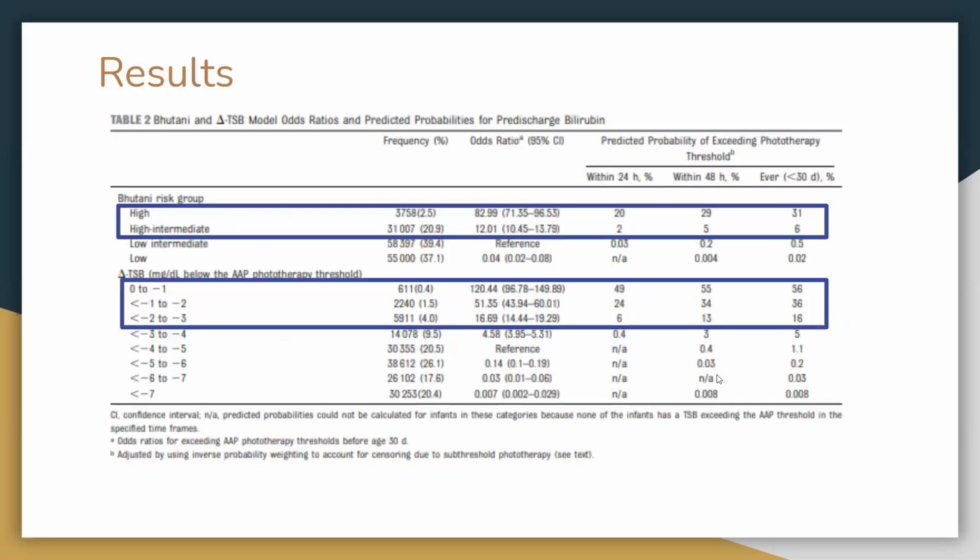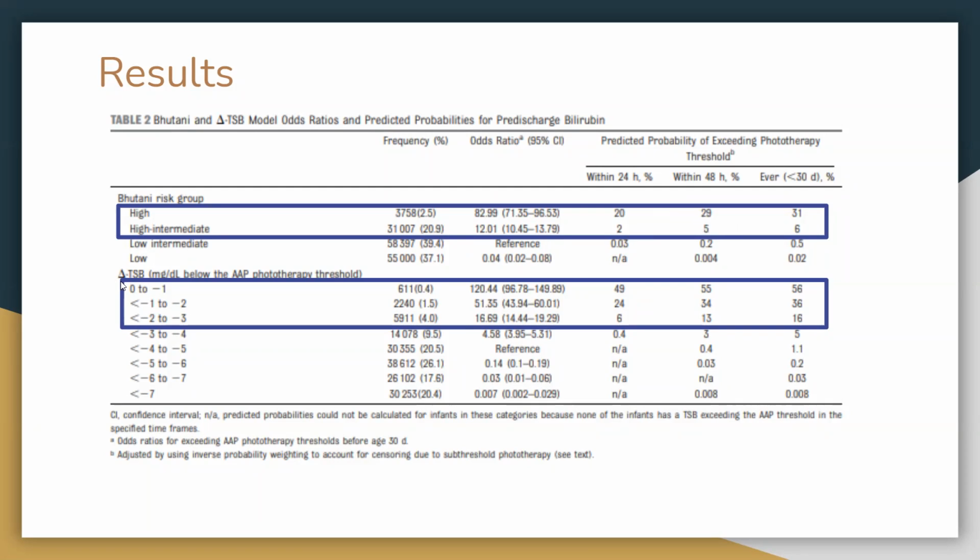Okay, so here's the first table of results. Here they're comparing their delta TSB model to the Butani nomogram. What you can see is that they kind of match up. Using the Butani nomogram, people who fell in the high intermediate risk group were predicted to surpass their phototherapy thresholds within the 24 and the 48 hour periods at both 20% and 29%, and 2% and 5%.